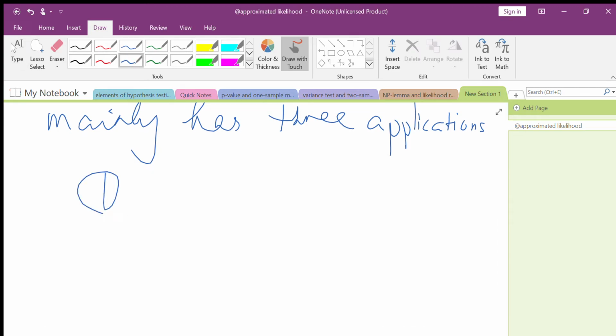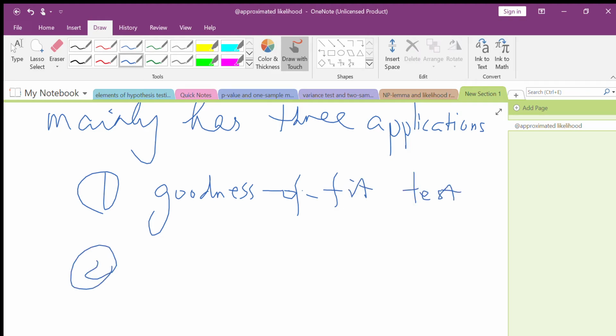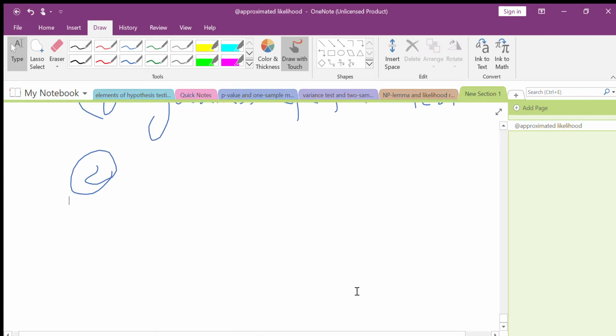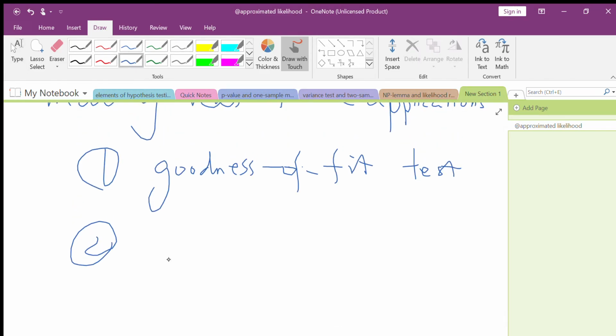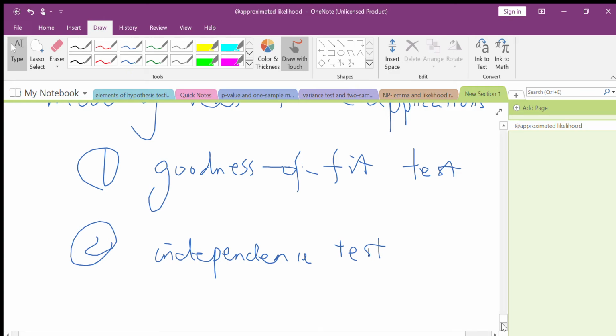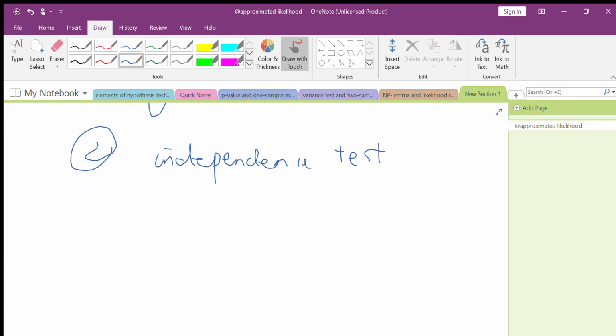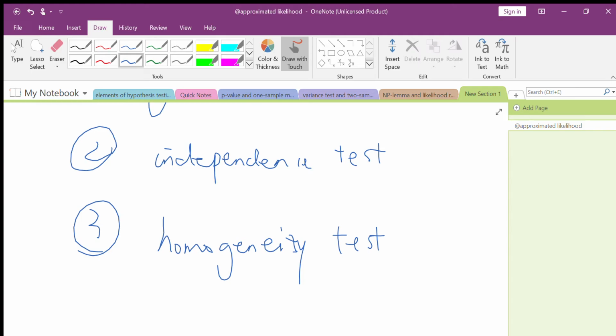The first one is the goodness of fit test. The second one is the independence test. The third one is the homogeneity test. Let's see these three applications one by one.